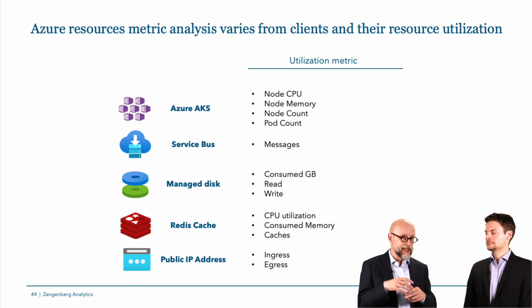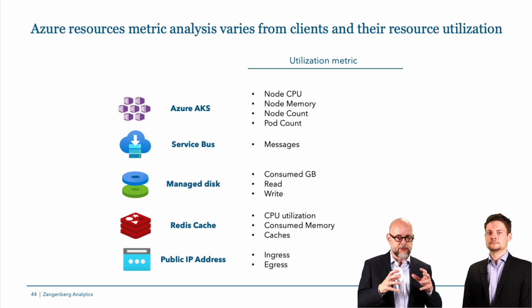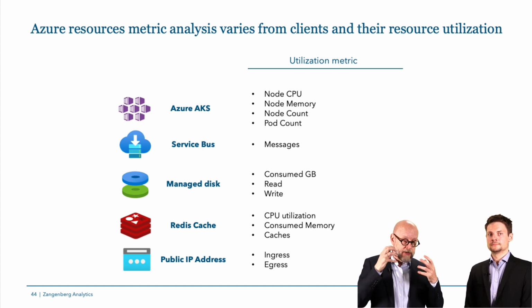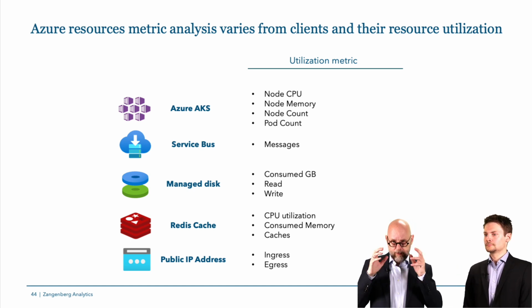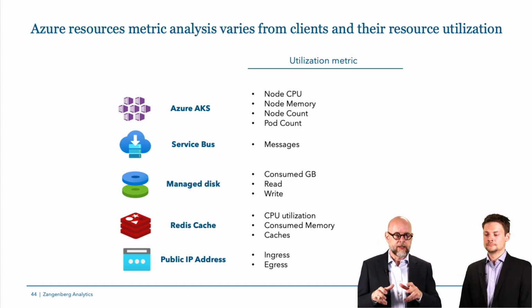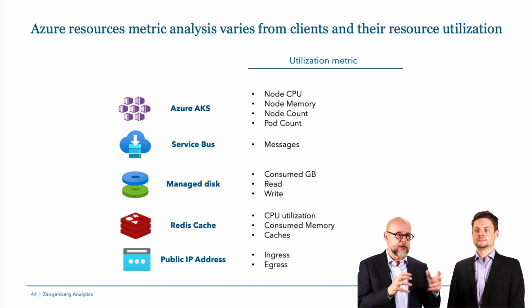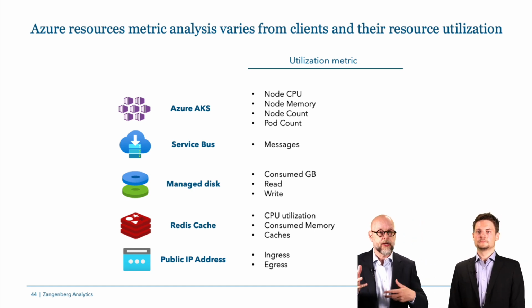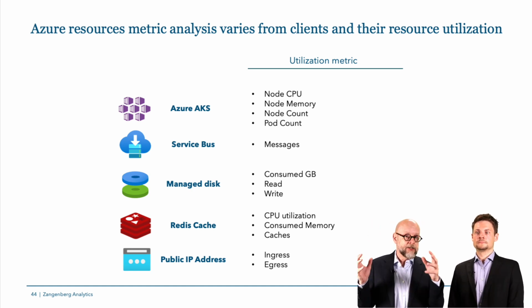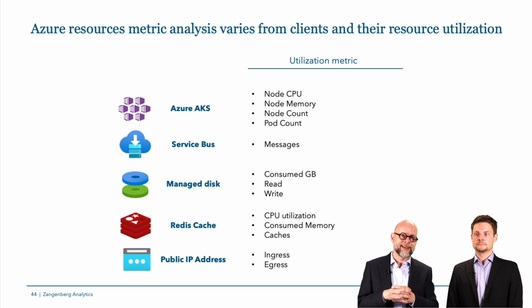That's where all the money is hidden, making sure that you have the right resources for your specific load and load pattern, and that you understand that this changes over time. So if you have done that correctly at the beginning of the year, you might find that 3 or 4 months down the road, where you put more applications or more functionality into your application, that is not right anymore, and you need to optimize it again.